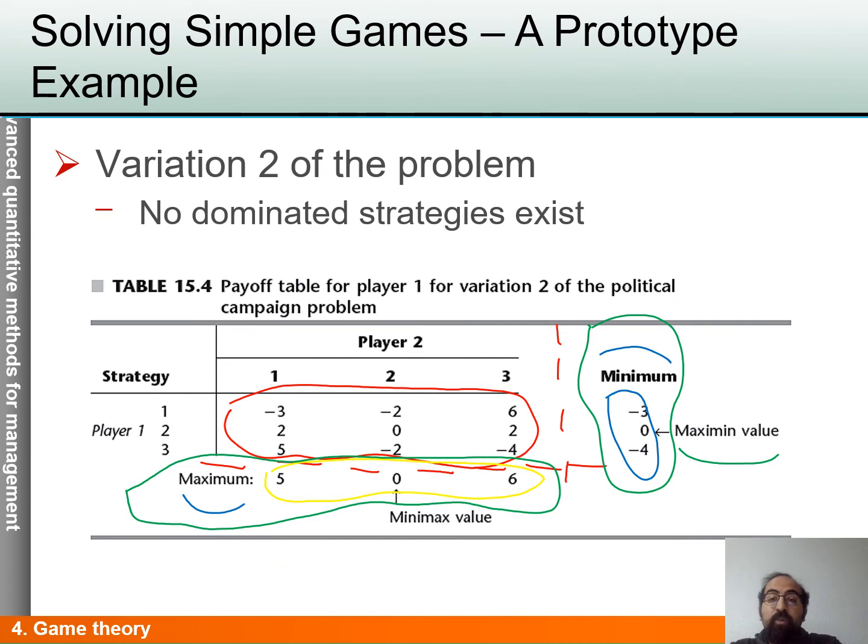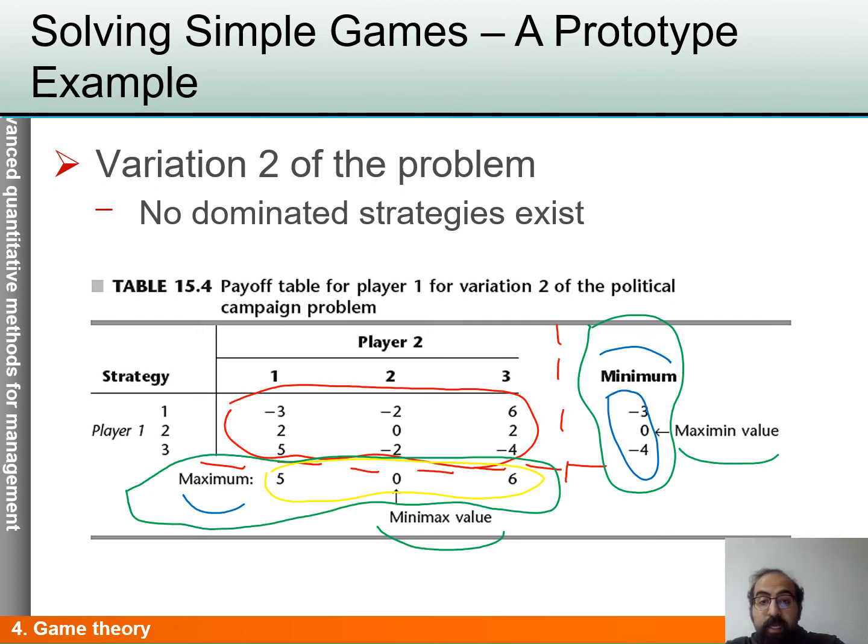The maximum value among -3, 0, and -4 is 0, okay? And in the row of player 2, we need to find the minimum of the maximums, the minimax of the values for player 2. Between 5, 0, and 6 it is 0. Okay?